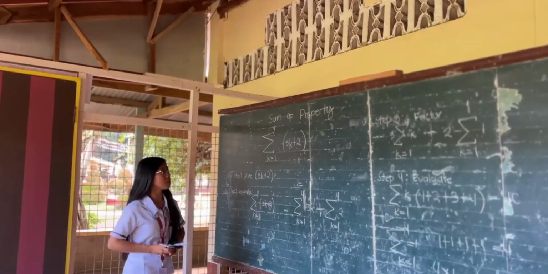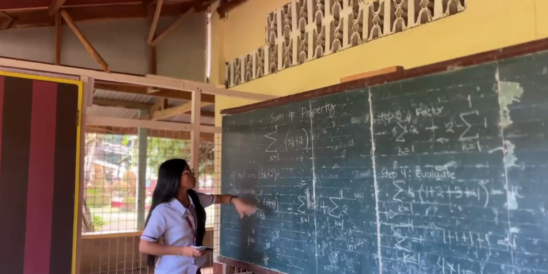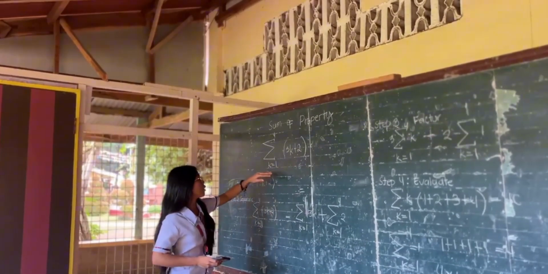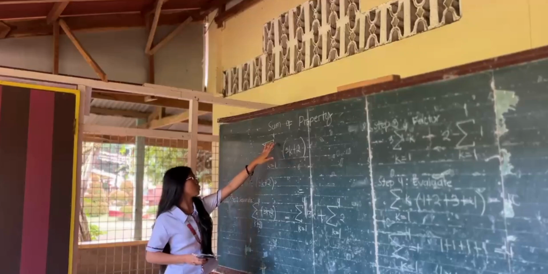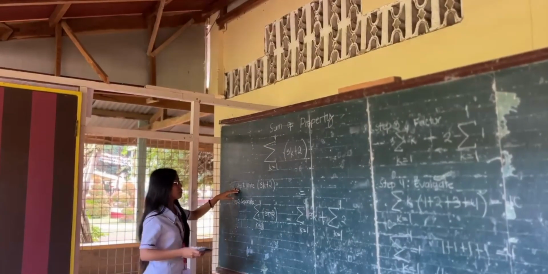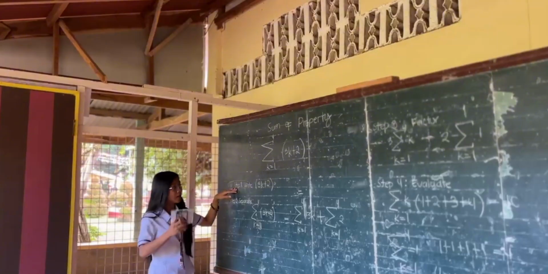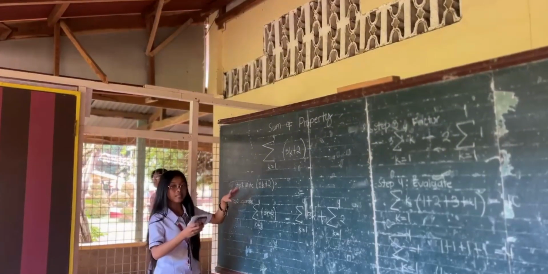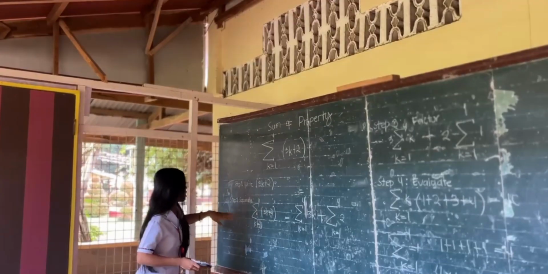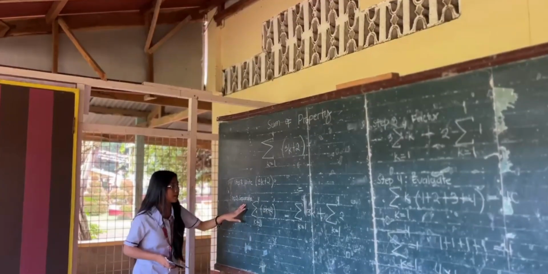Here is the second example of the sum property, which is the summation of the quantity 3k plus 2, where k equals 1 to 4. So, step 1. Using the sum property of summation, write out the sum inside the sigma, which is the quantity 3k plus 2. Then step 2, we're going to separate it.